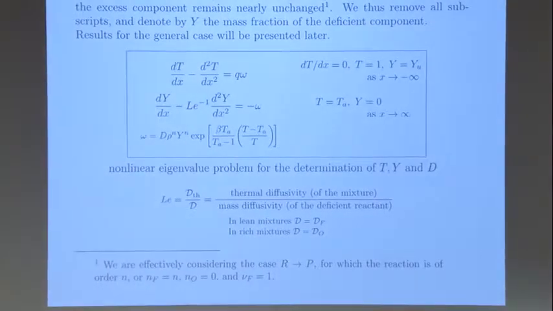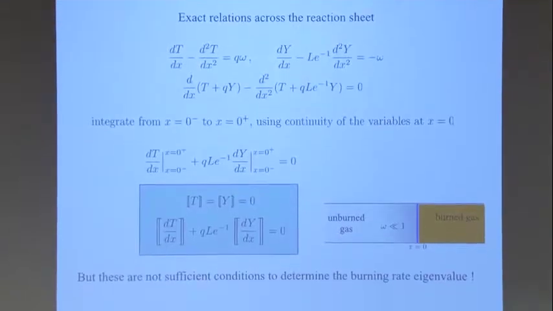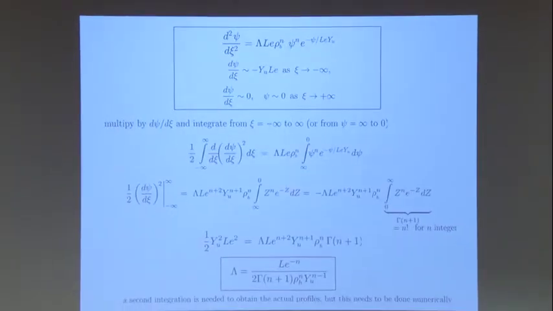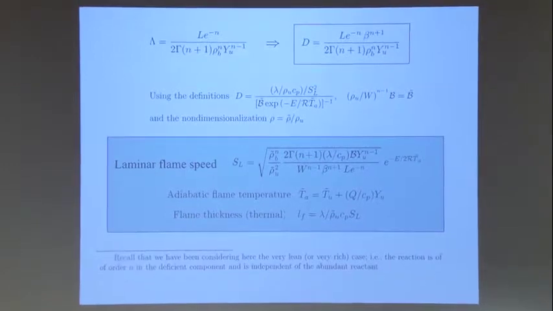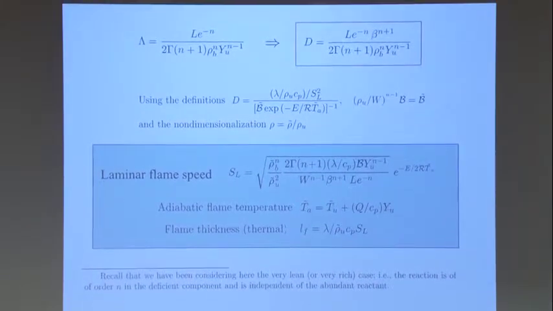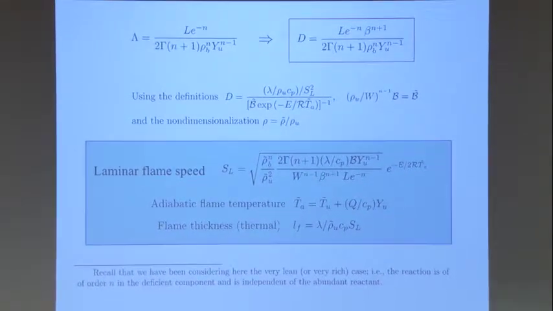we attempted to solve this in the limit of large activation energy, and I described to you the general idea. And we were able to obtain an expression for the laminar flame speed in that limit, namely in the limit when beta is large, which is representative usually of combustion systems.